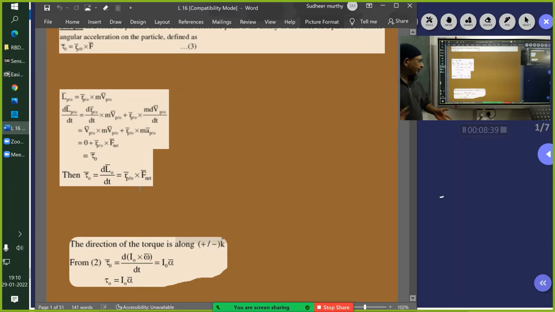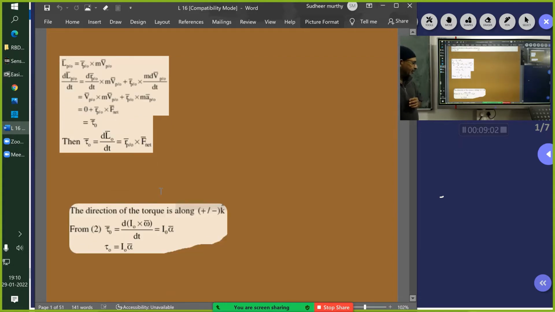And this is called F net, because there can be many forces acting on the body. So you have to take the vectorial addition of all those forces. That is why the term F net bar is used here.